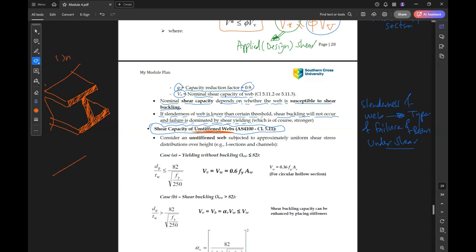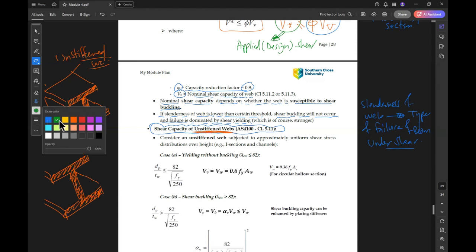Another is called the stiffened web. The other option is if the web is a bit weak or we have high shear. One option is to support the web with some stiffeners at each specified distance.